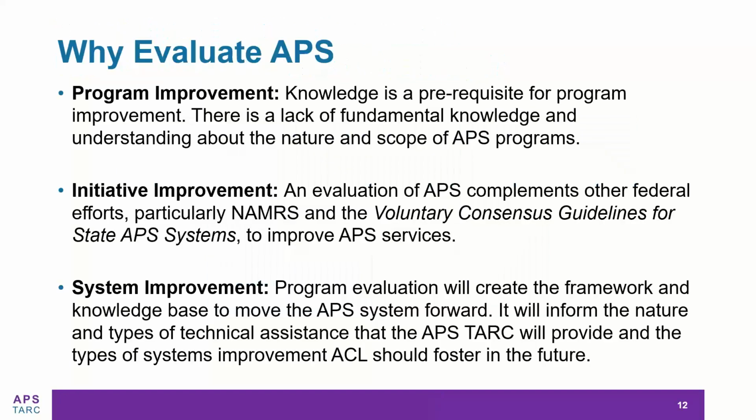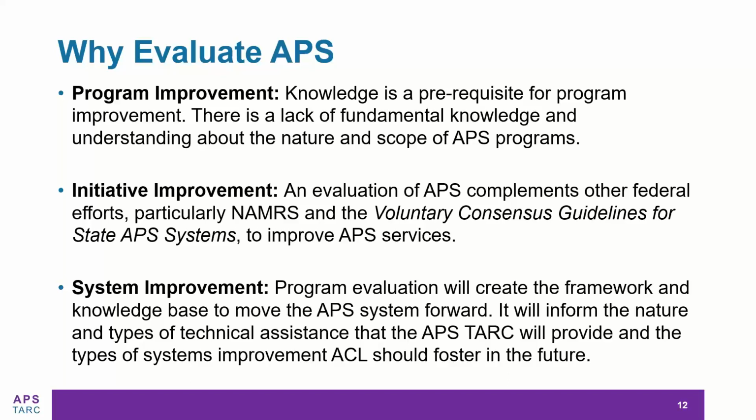Next slide, please. So why evaluate APS in this context? Well, there are three things that we wanted to do. We wanted to improve the programs. To improve the programs, we had to understand the programs. To understand the programs, we had to develop new knowledge about the programs. So a large part of what we were doing through this evaluation was building fundamental knowledge. Once we have that knowledge, then we can do some things to help improve the programs through various ACL initiatives.